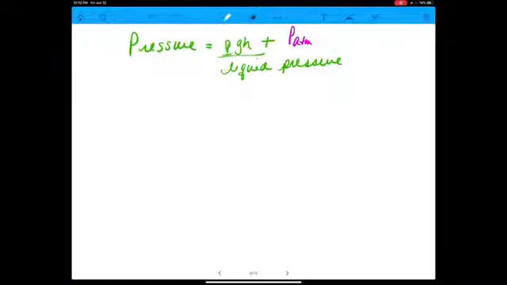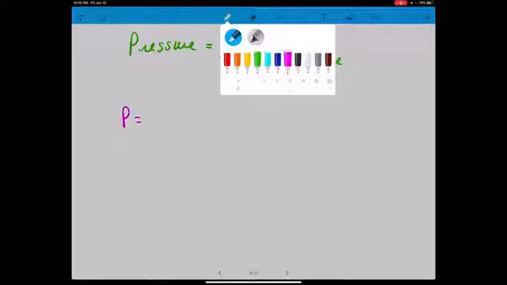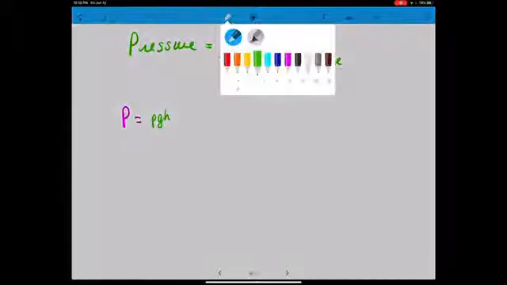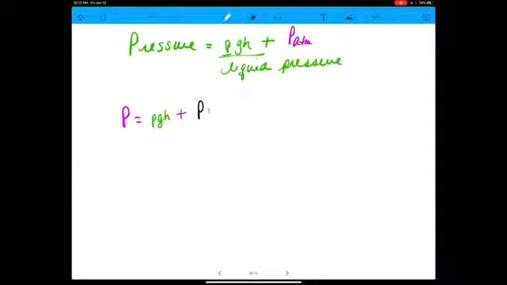And this would be our new equation: pressure equals the liquid pressure plus the atmospheric pressure. This is the total pressure, or absolute pressure.